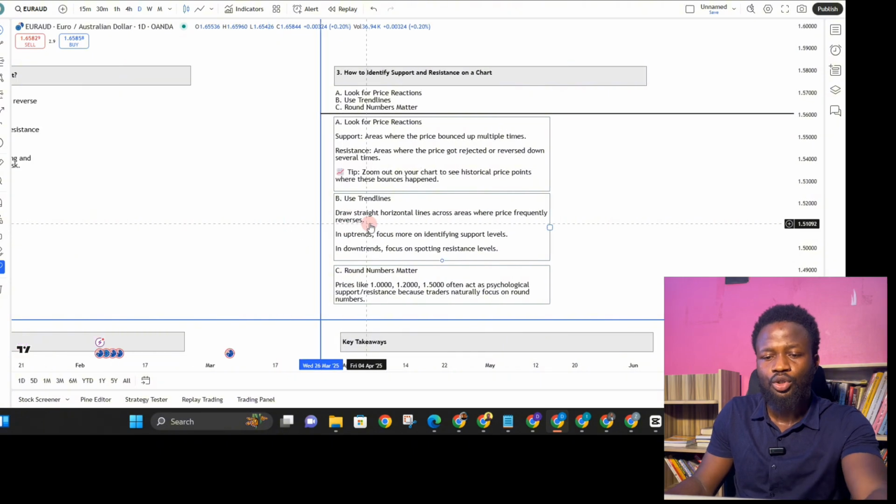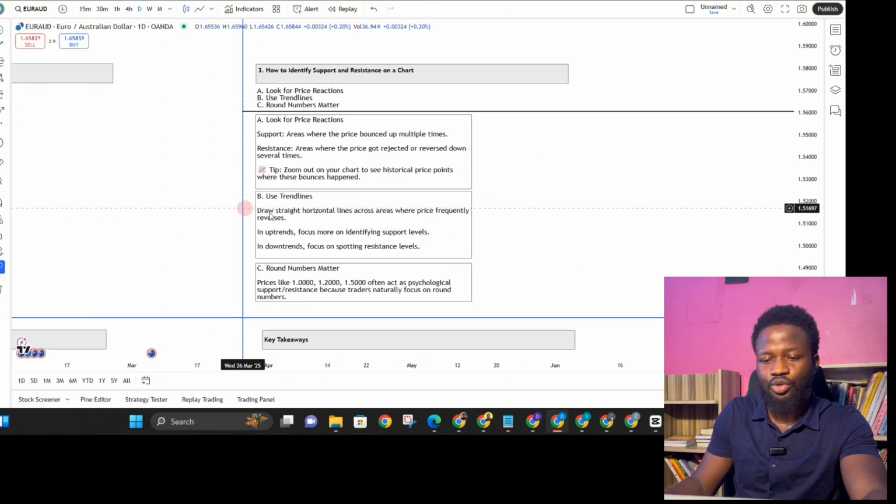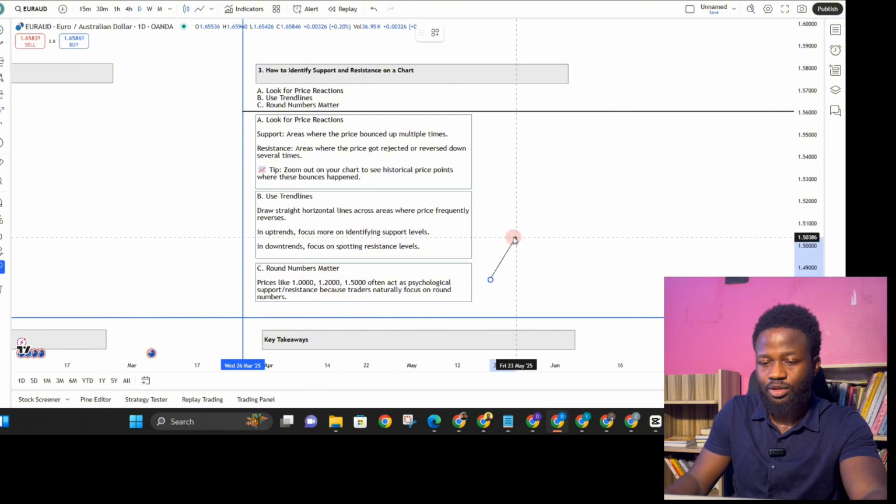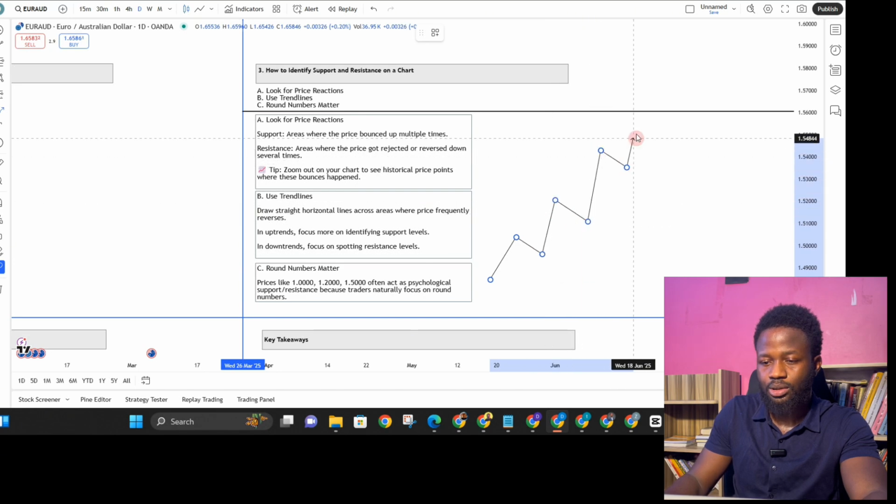So use trend line. It's telling us to draw a straight horizontal line across areas where price frequently reverses. All right, in an uptrend, let's say the market looks like this. It's my uptrend now.